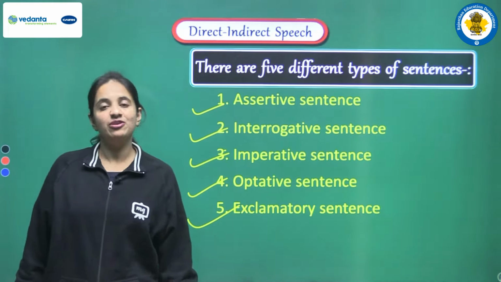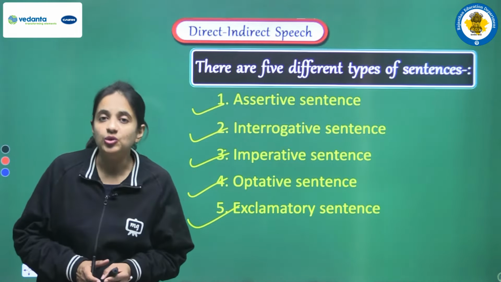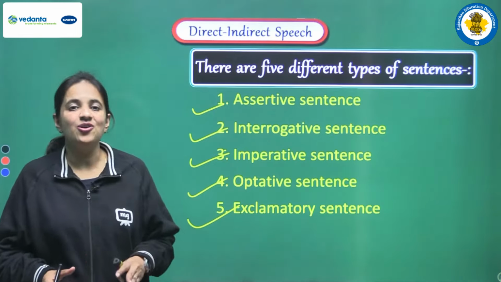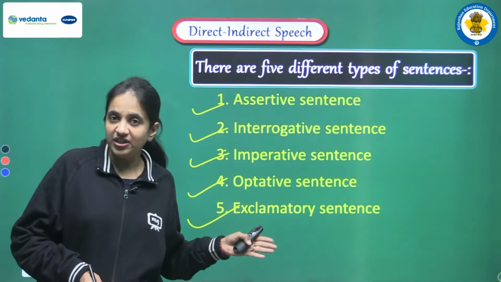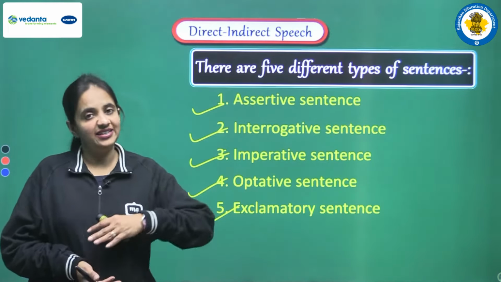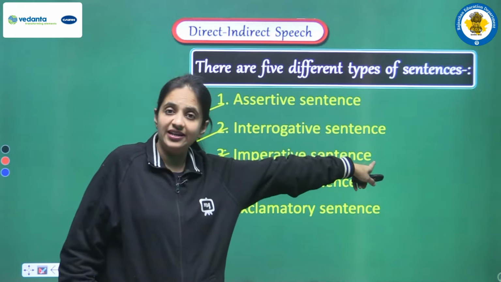One by one we will read all these 5 different types of sentence. We will read the rules and see many examples of what changes we have to do. Step by step we will do all the changes. First of all we are starting with assertive sentence.